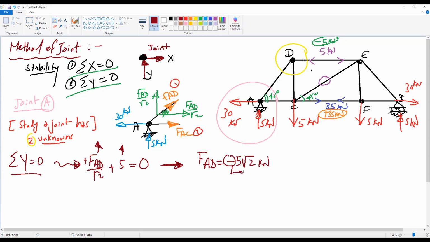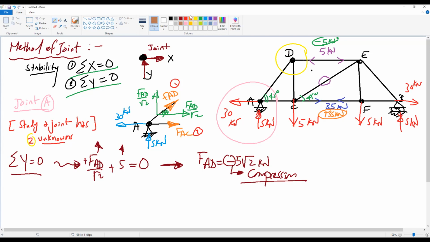What does the negative mean? Compression. So this means the force in this member will be a compression force. Okay. So if we want to add this force to the truss, what is the direction?